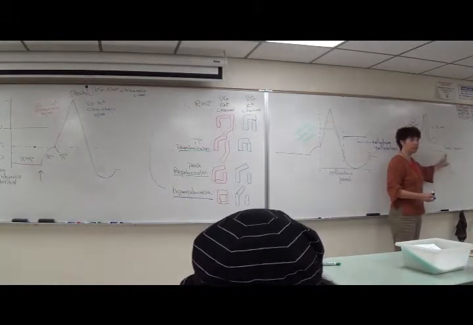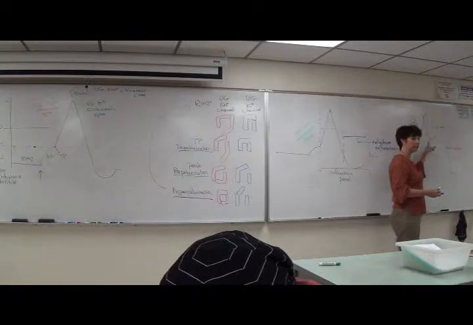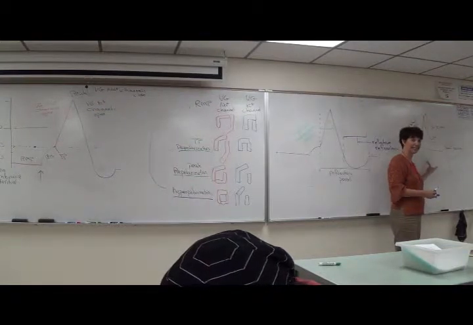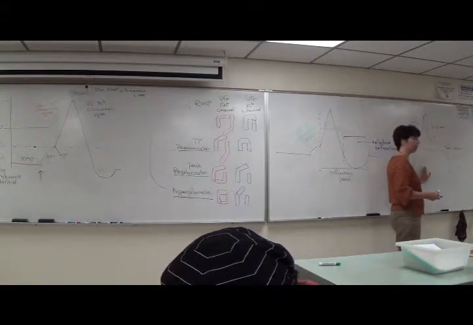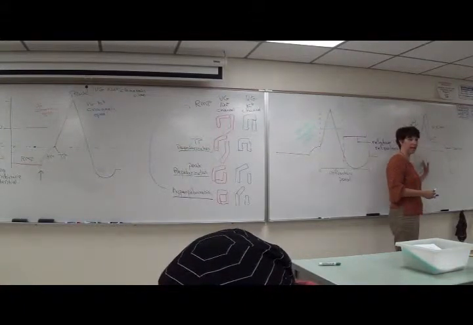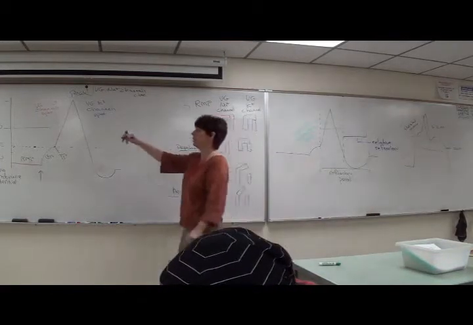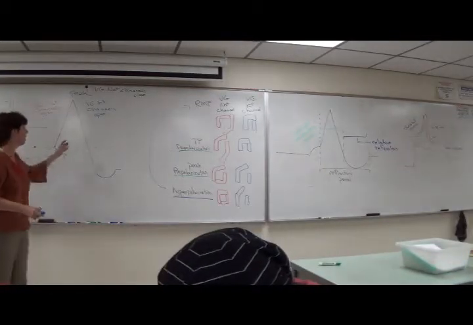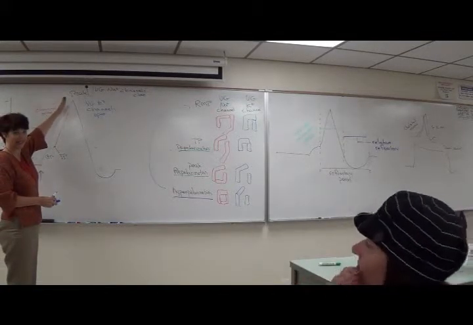Notice how more gradual this slope is? Because while potassium is going out, calcium is coming in. So we're losing positive ions, but it's not a sharp drop because we're also gaining positive ions. The reason we get this sharp drop here is because our positive channel for sodium closes.